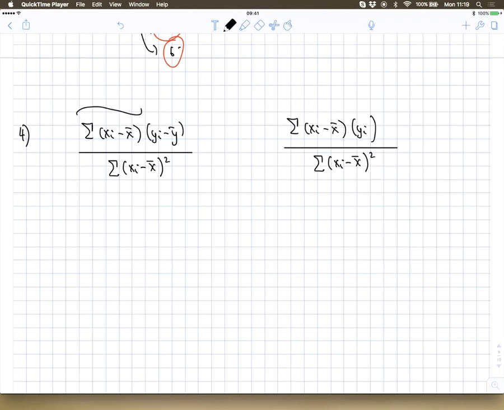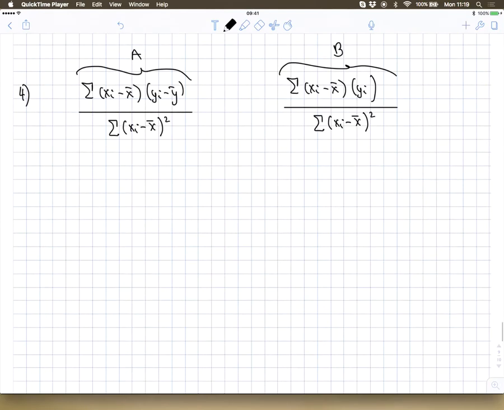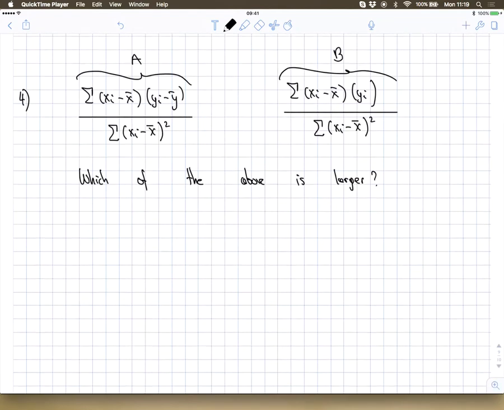Call this expression A. Call this expression B. Which one is larger? I want you to do this individually. I want you to pick A or B. We're going to take a poll, okay? Which of those two is going to be larger, A or B?